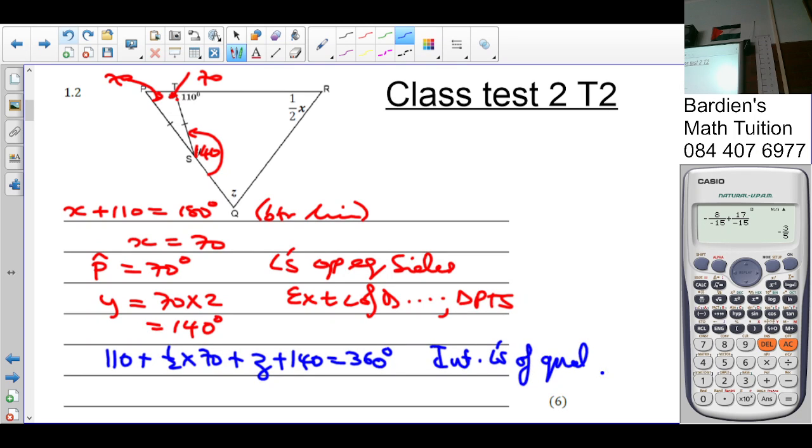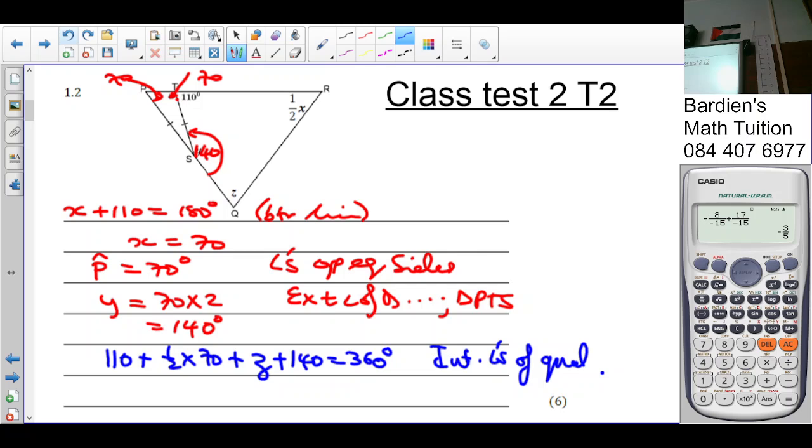TRQ is what? TRQ is, yes, absolutely. What is a quad? Four sides, an enclosed shape made up of four sides. If it is a quad, the interior angles of a quad add up to 360.